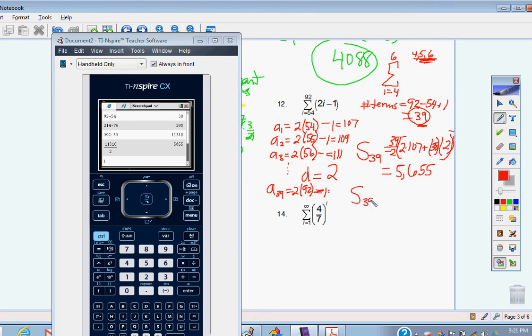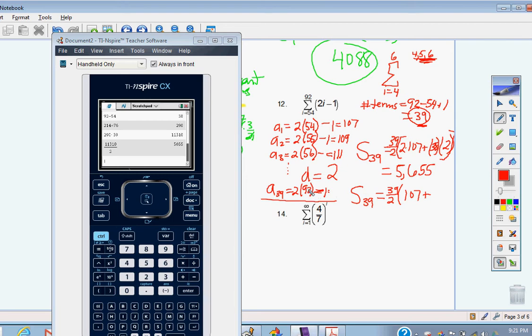All right, another one would be if I wanted to use this formula. This is just another option. S sub 39 equals 39 over 2, and I just take the first term, which was 107, and add to that a sub n, as your formula says. But my n is 39, so that would be this term right here. So if you wanted to find this term, you could use the second formula.